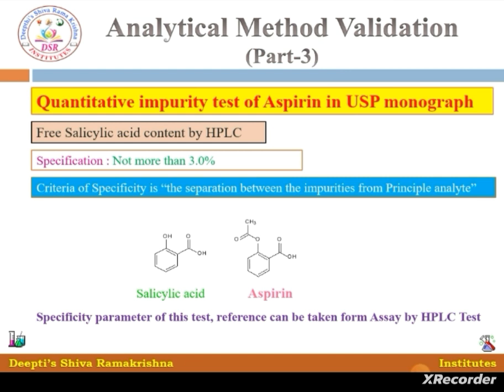If you want to do a separate study in this validation, you can use an individual preparation of 3% salicylic acid solution and an individual solution of 100% aspirin, and a blend, and inject them and compare the retention times of the salicylic acid and aspirin.